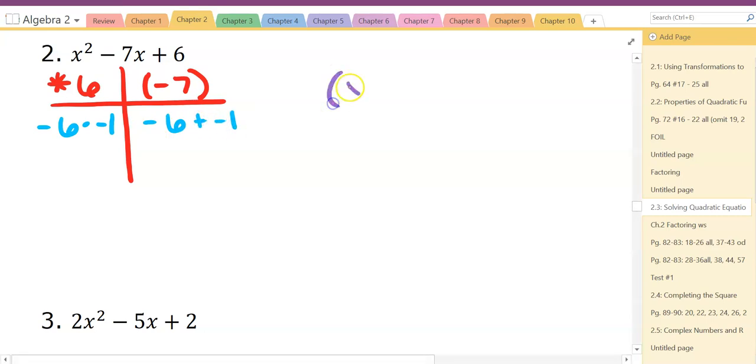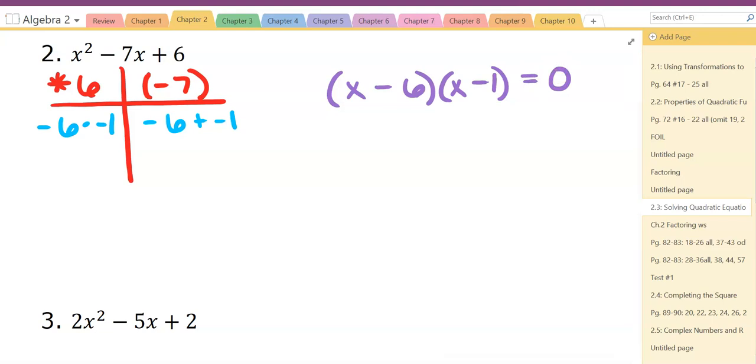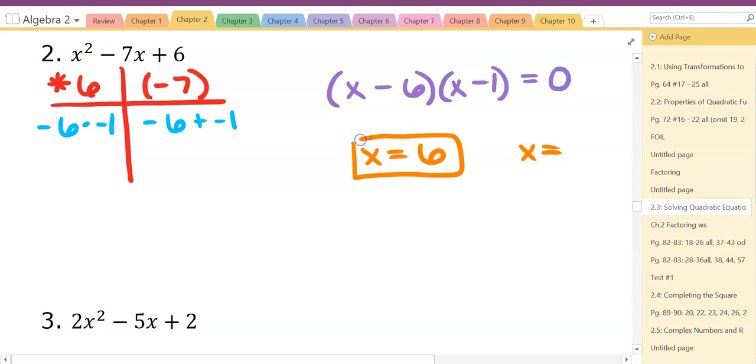So to factor it, you should have said x minus 6, x minus 1 equals 0. So what do we get for solutions for this one? If you set those each equal to 0, what are you going to get for final answers? Good, 6 and 1.